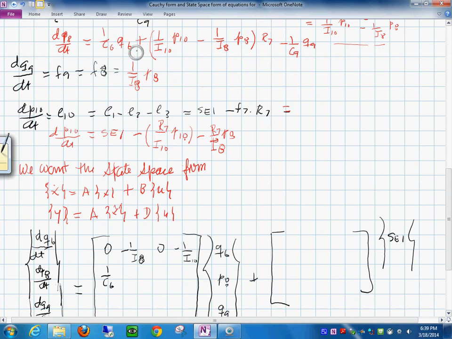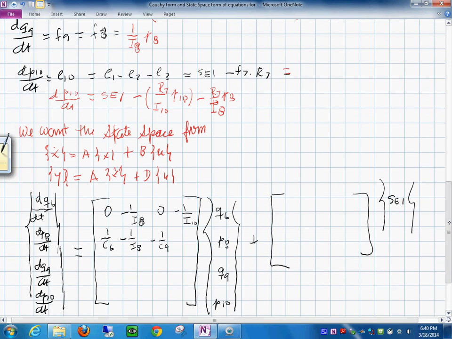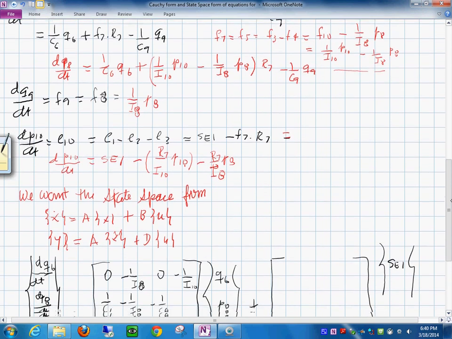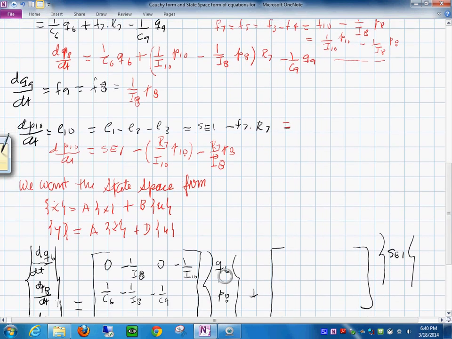And then we have p sub 8 minus 1 over I sub 8. Q9 minus 1 over c sub 9. And then P10, 1 over I sub 10.